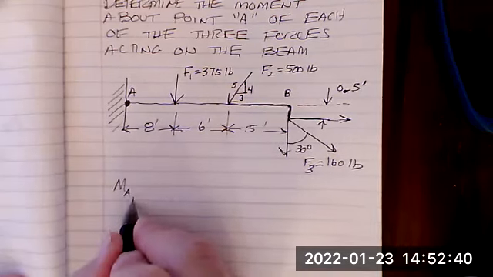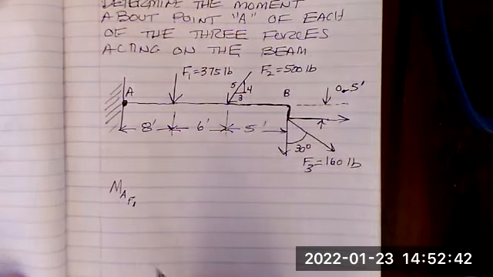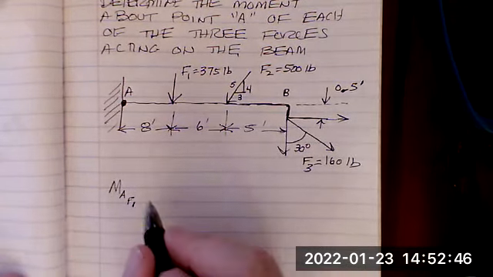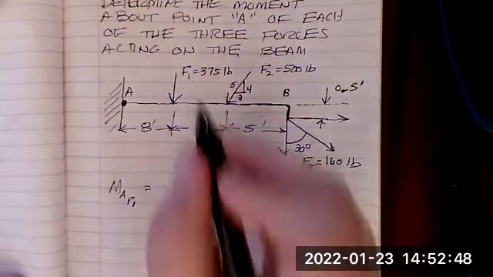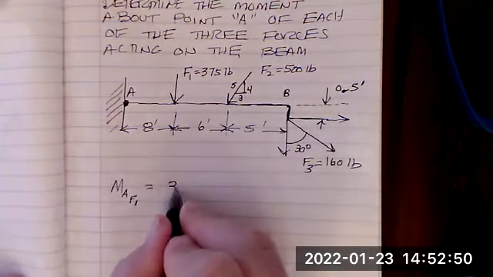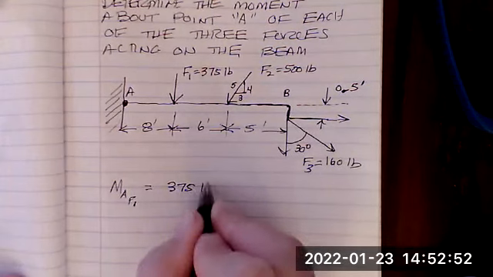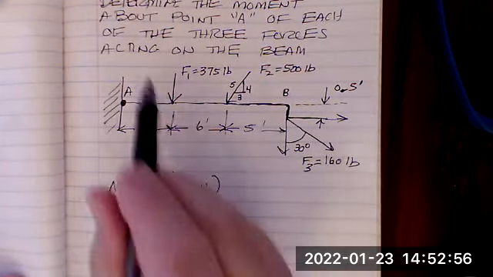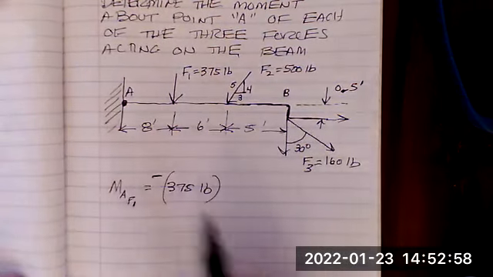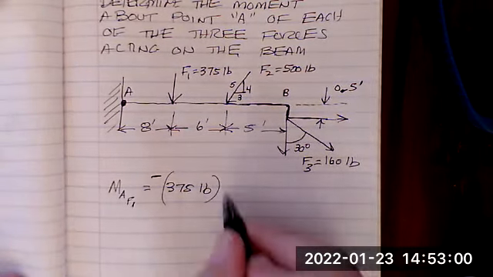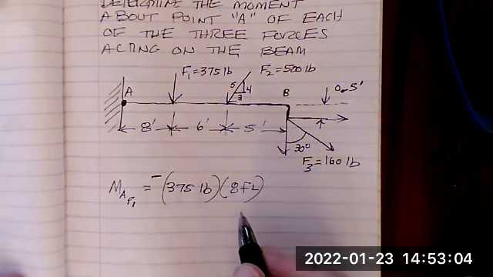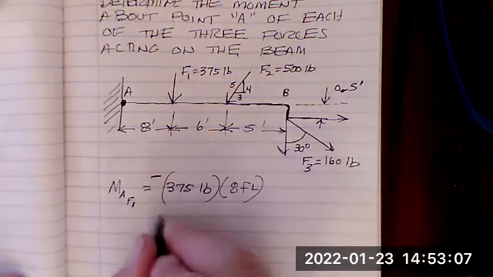I'm going to put this in the subscript as well. The moment about A, F1, is simply going to equal 375 pounds, and it's going in the clockwise direction, so it's negative, times 8 feet.